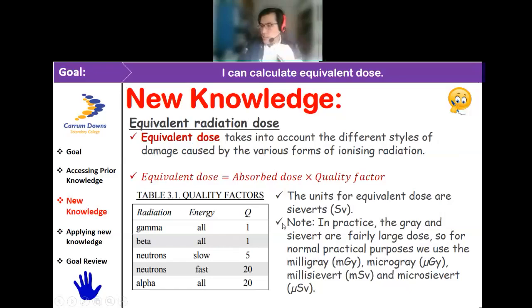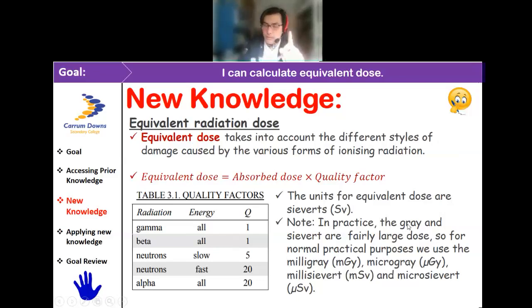Now, here's a note, and you don't have to write down this bit. In practice, in reality, the gray unit for absorbed dose and the sievert for equivalent dose are quite large. So 1 gray and 1 sievert are quite a large amount.